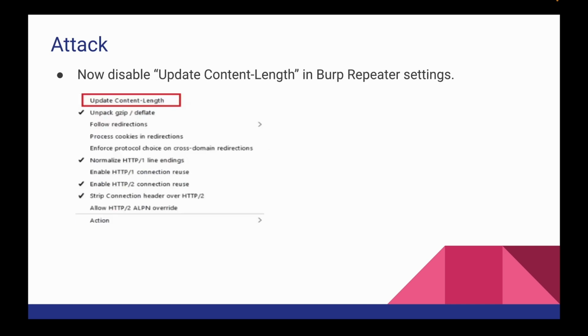Once the request is downgradable to HTTP 1.1 or 1.0, you can go to the next step, which is you need to disable the update content length setting in Burp Repeater. So you basically need to uncheck this in Burp Repeater for that particular request.